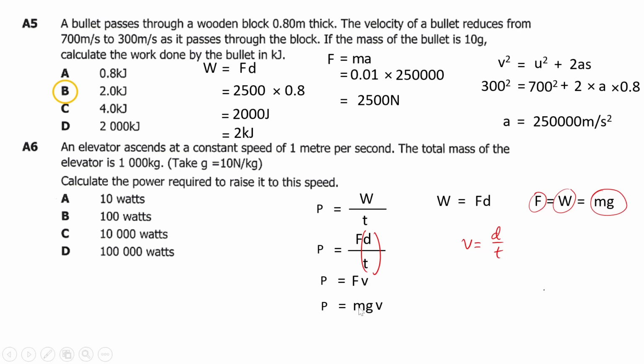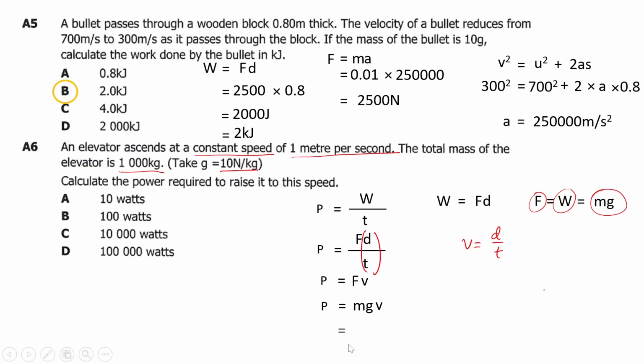Why are we doing this? Because these are the values which we have in the question. If you look, velocity is here. Constant speed and velocity are the same, of 1 meter per second. So that's why we have picked it there so that we use it. Then mg, there we have mass, which is this one here, and then we have acceleration due to gravity, this one here. So this now will work.